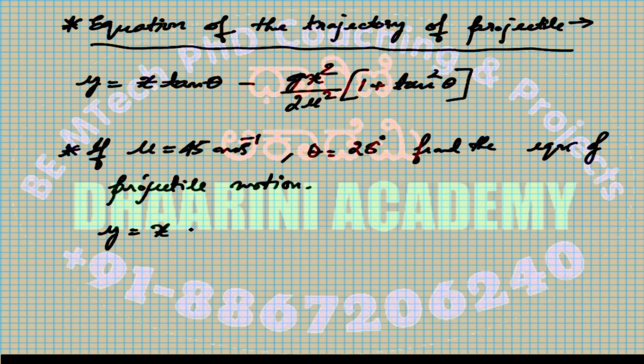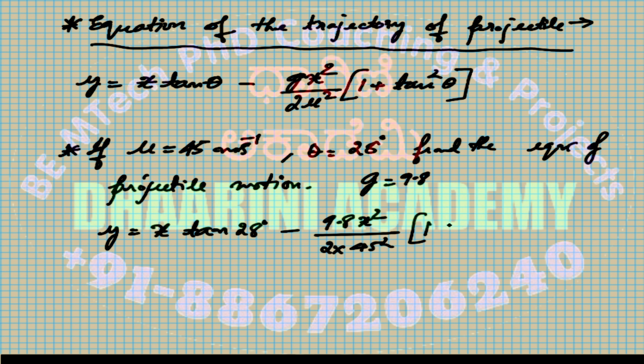So x as it is, this is tan 28 degrees minus g, you can take it as 9.8. So this is 9.8 x squared divided by 2 times 45 squared into 1 plus tan square of 28.